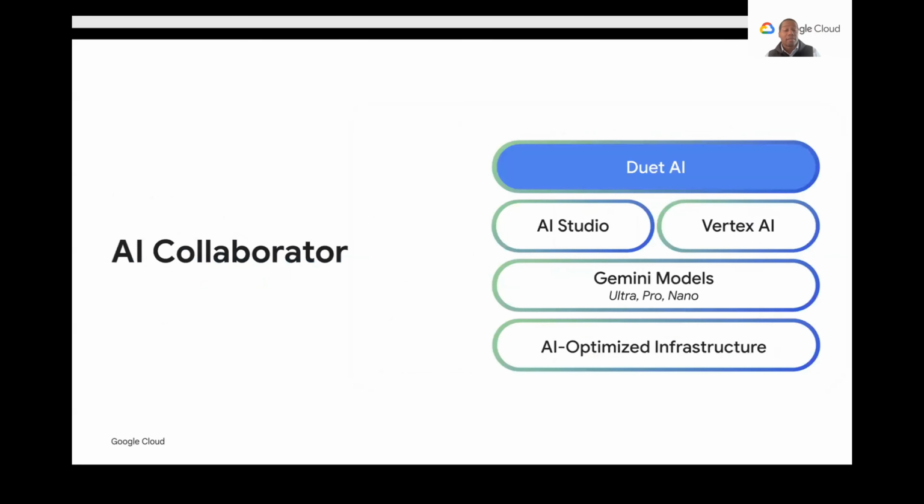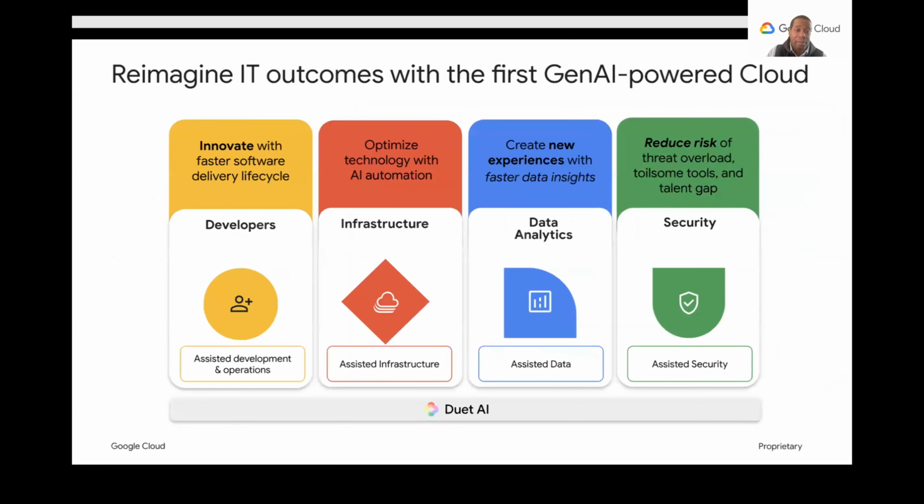Okay. And then the final and third modality that I'll talk about is Duet AI. This is more about putting Gen AI in the hands of users where they work today, in the tools that they use today. So in terms of Gen AI for developers, we have Duet AI for developers.